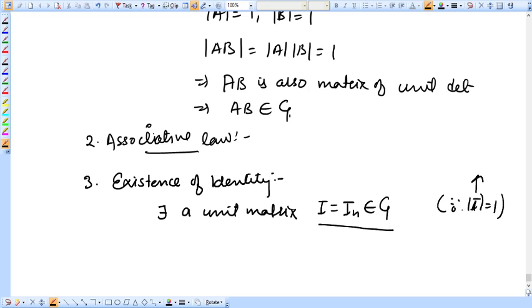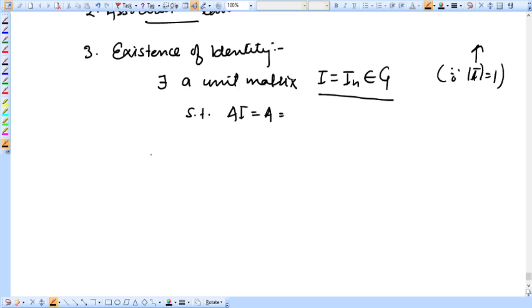Because the determinant of I is equal to 1, there exists a unit matrix I belonging to G such that AI is equal to A, and similarly IA is equal to A, in either way. So this is the existence of identity.